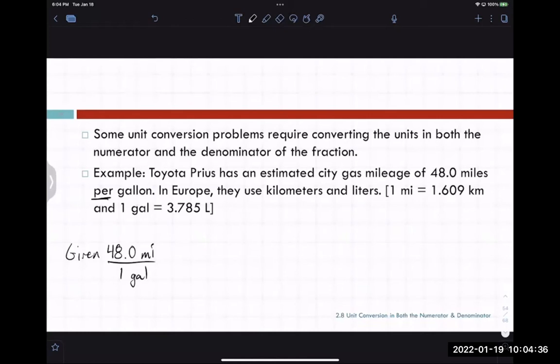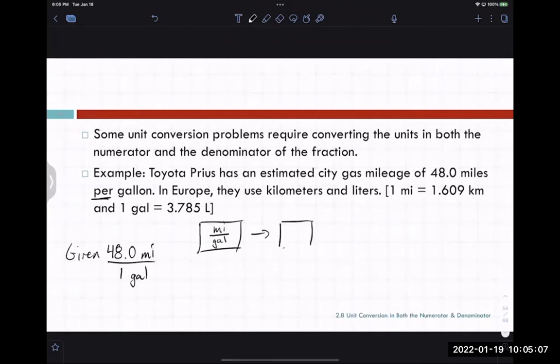We can write a solution diagram. So if we're starting with, I'm thinking about a good way to do this. I think the best way is to write it as miles per gallon. Now remember that we're working with one part at a time. So let's just do miles first because they're on top. If we want to convert we'll convert miles to kilometers.